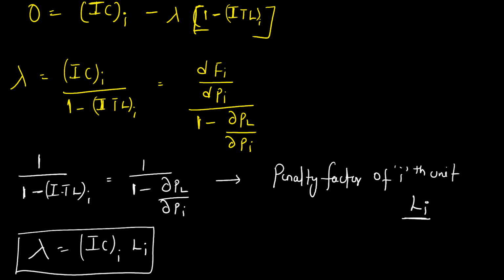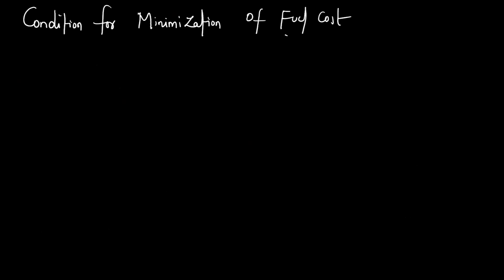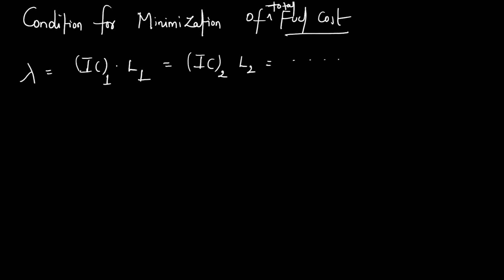Understand? So here the optimization condition for minimization of total fuel cost is that for every unit lambda is equal to IC1, incremental cost of the first unit multiplied by the penalty factor of the first unit, should be equal to incremental cost of the second unit multiplied with the penalty factor of the second unit, and so on and so forth.